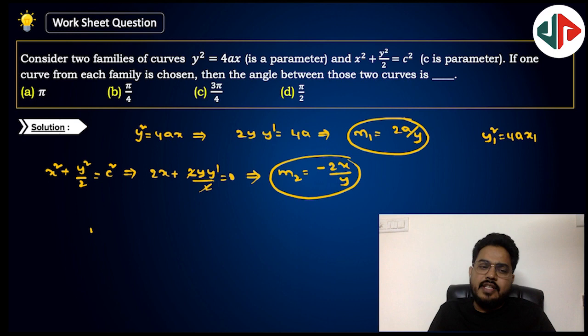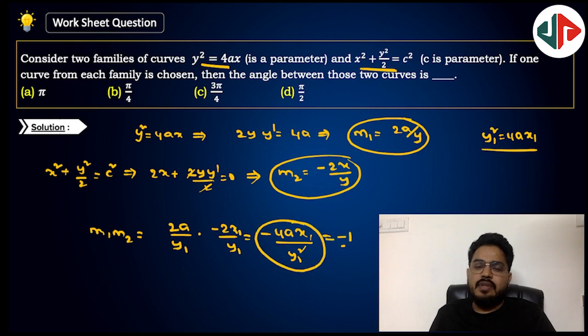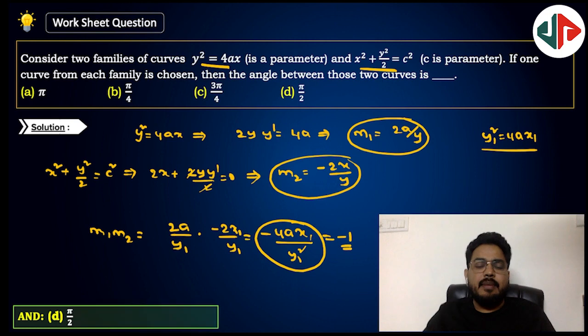So from here, m1 m2 is equal to 2a by y1 into minus 2x1 by y1, which is equal to minus 4ax1 by y1 square. So the intersection point satisfies this, and the product of the slopes is equal to minus 1. So the angle between them is 90 degrees.